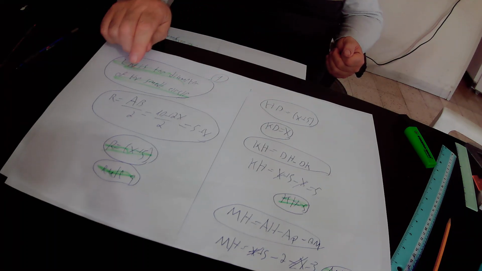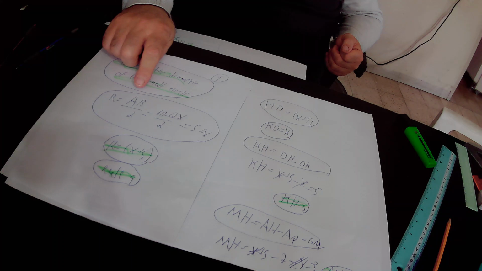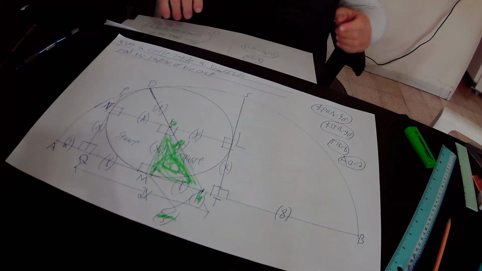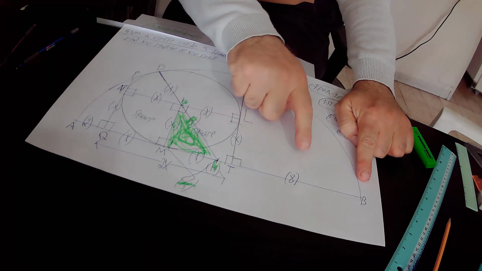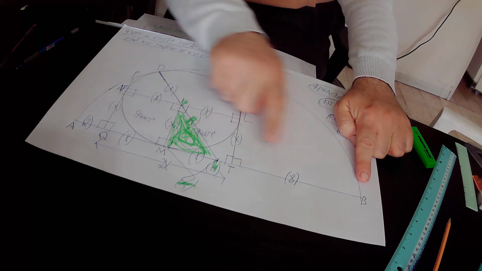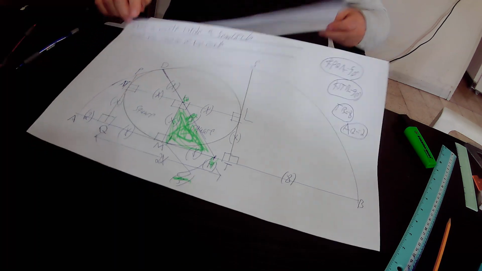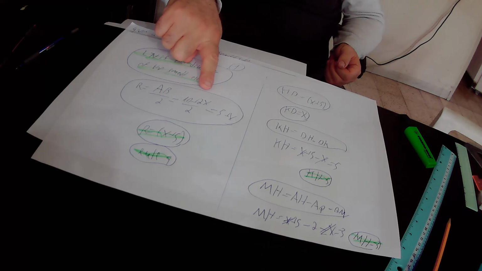But what is the length of the diameter AB? The length of the diameter AB is 2 plus 8 plus 2x. So the diameter AB equals 2 plus 8, that is 10, plus 2x. Again, the diameter AB in total equals 10 plus 2x.